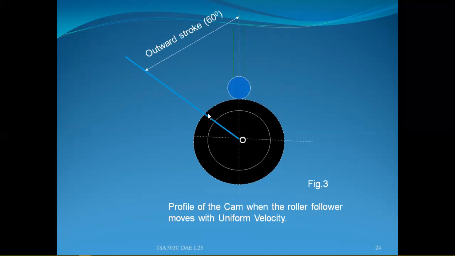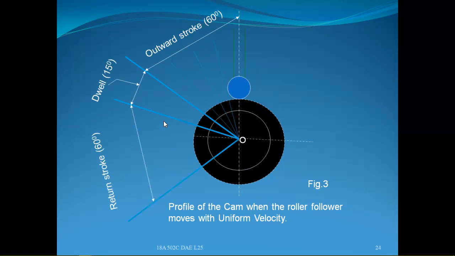Now mark the outstroke of 60 degrees from starting point A. This is A and this is O. This line is the radial follower, and 15 degrees from this line is the dwell period, and similarly next is the return stroke for the next 60 degrees of cam rotation.